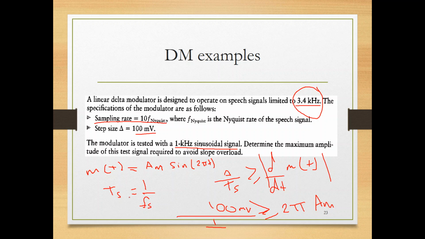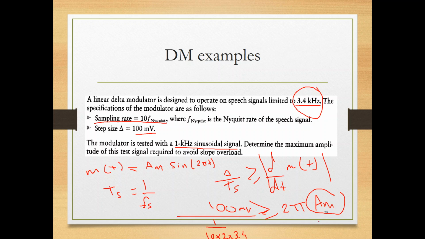So here I have Ts equal to 1 over 10 F Nyquist. F Nyquist is equal to 2 multiplied by 3.4. So you have 10 multiplied by 2 multiplied by 3.4. So everything is known in the equation, just Am is not known.